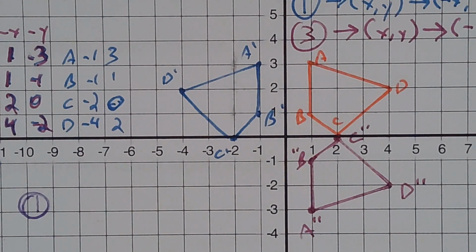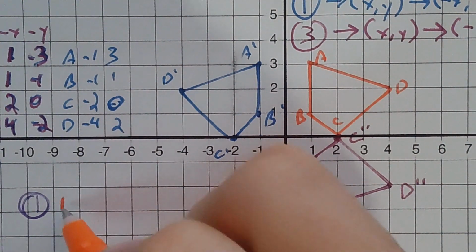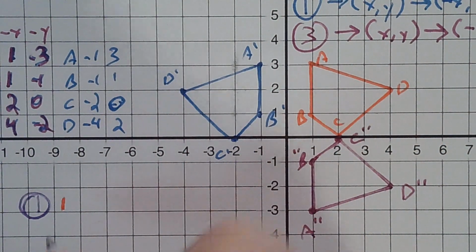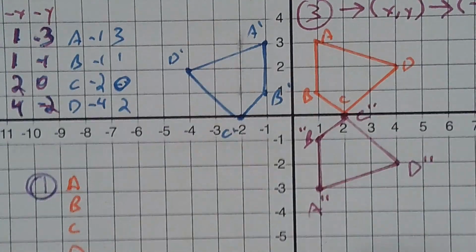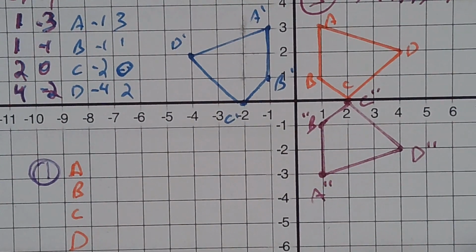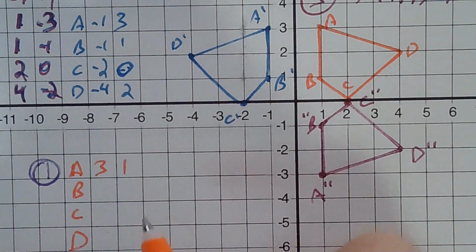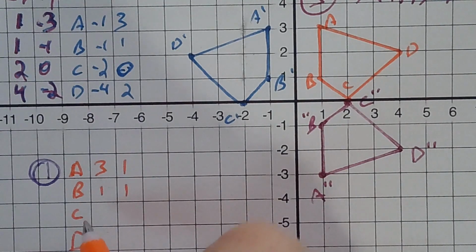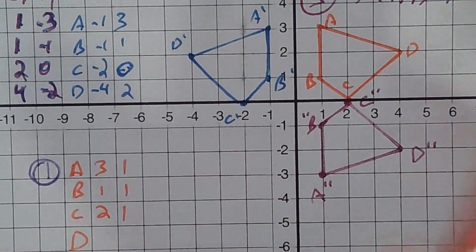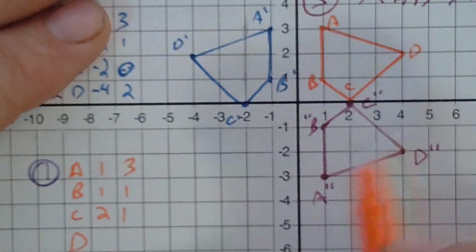Okay, so our orange points are A, B, C, and D. Our A point is 3 and 1. Our B point is 1 and 1. Our C point is 2 and 1. Our A point is not 3 and 1, it's 1 and 3. 2 and 1 is 4 and 1.